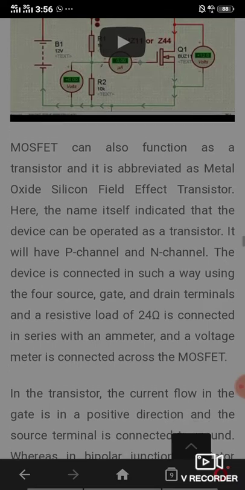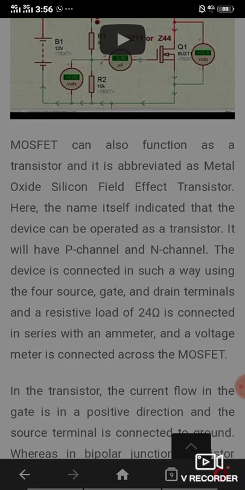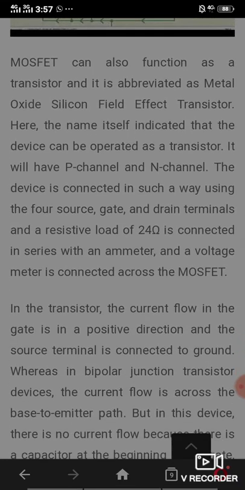The device is connected using the source, gate and drain terminals, and a resistive load of 24 ohm is connected in series with the ammeter, and a voltmeter is connected across the MOSFET. The current flow in the gate is in a positive direction, and the source terminal is connected to ground.